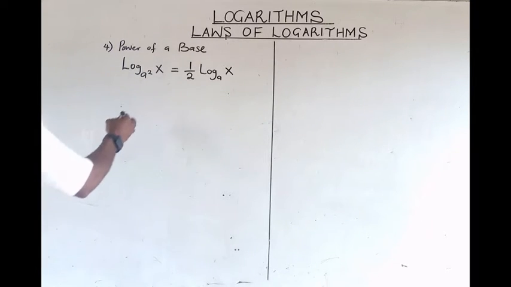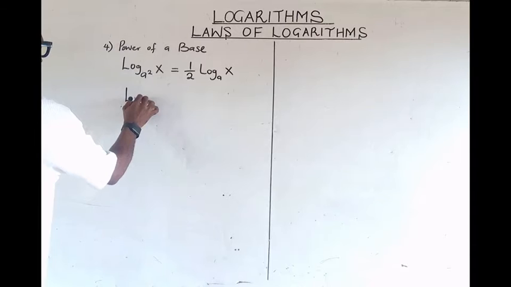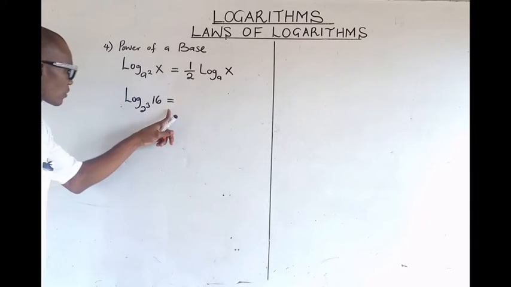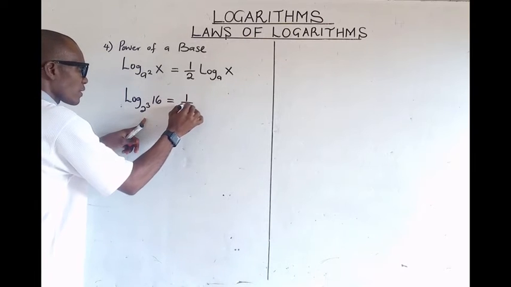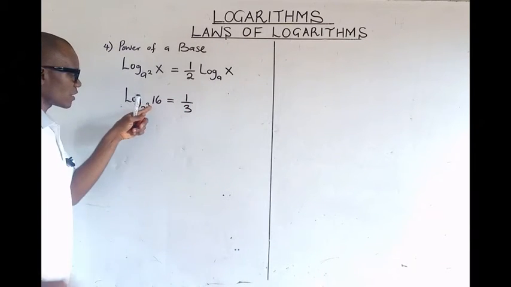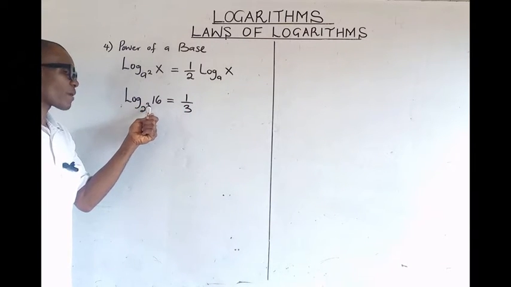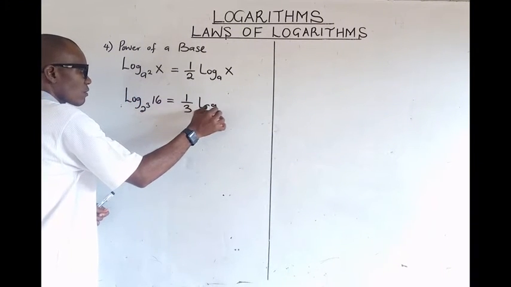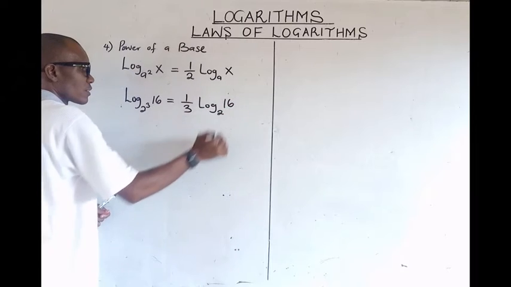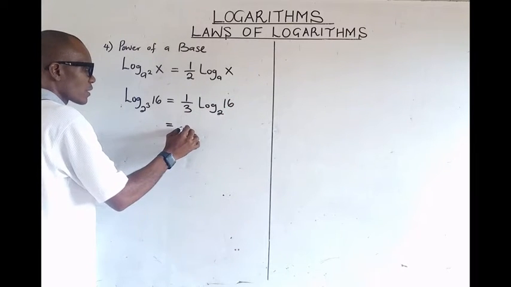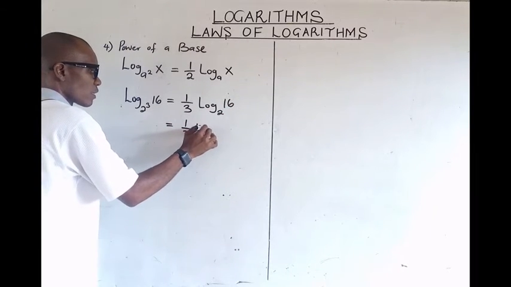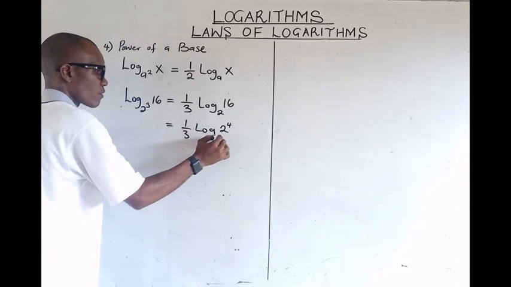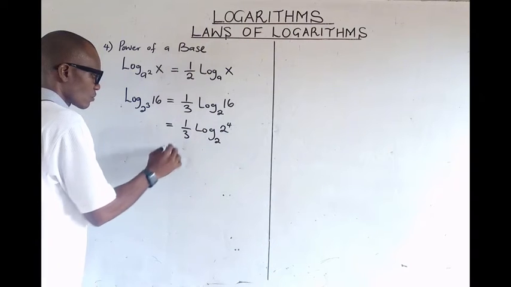So we take an example. If we say log base 2 raised to the power of 3 of 16. The result will be 1 all over 3, as the power of the base is going over to this other side, log 2 of 16, which is the same thing as 1 all over 3 log 2 raised to the power of 4 base 2.